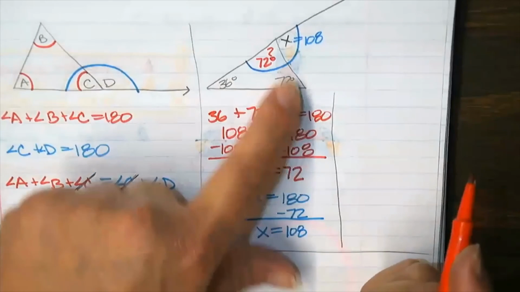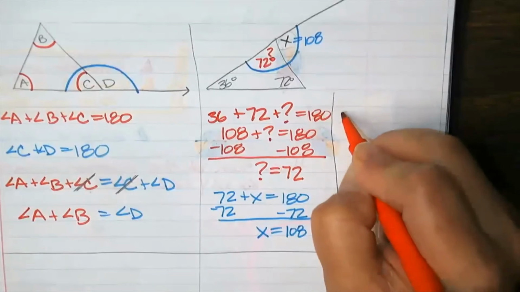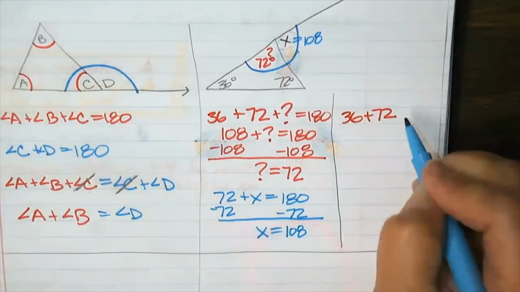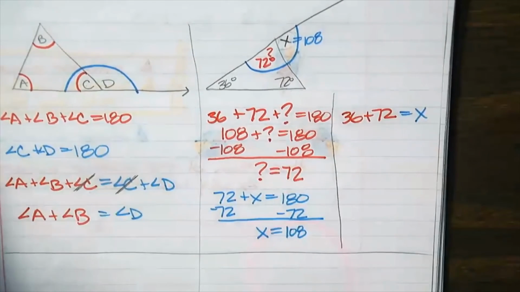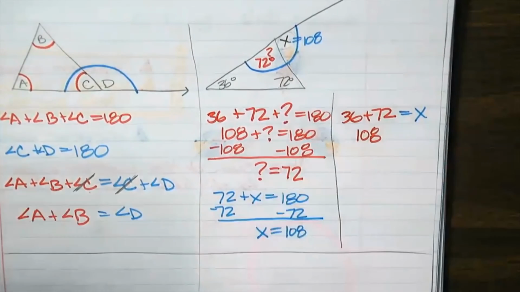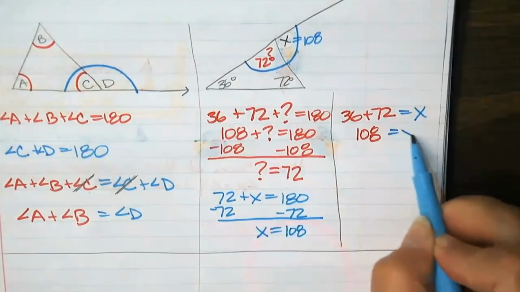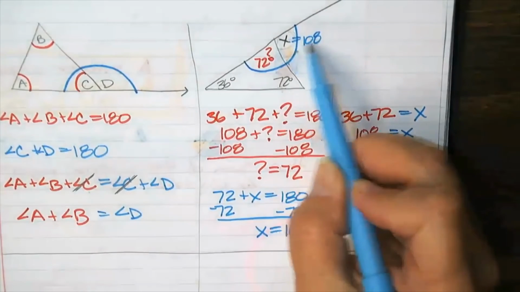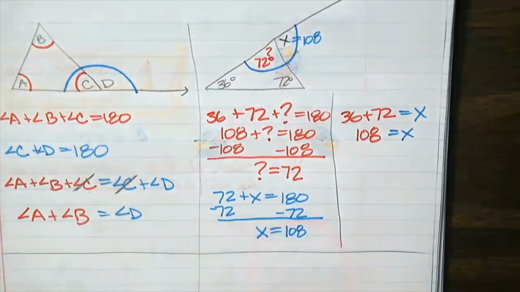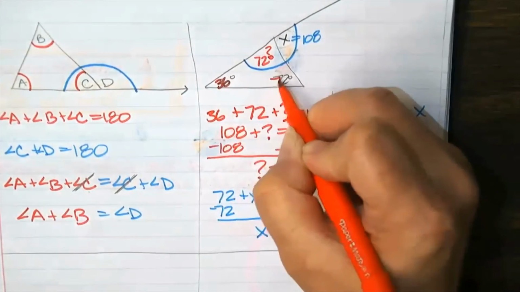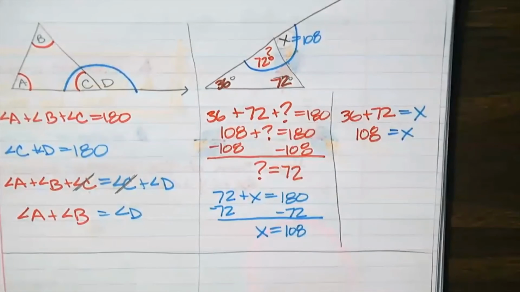So 36 plus 72 equals X. And what do I have? Oh, look at that. So X is 108. It is equal to those two angles. So there's two ways of solving it.